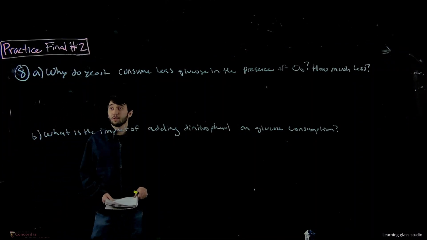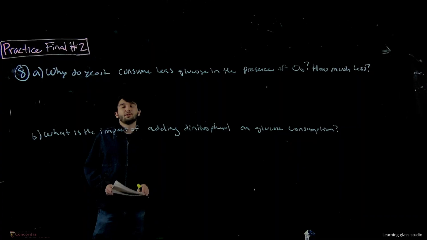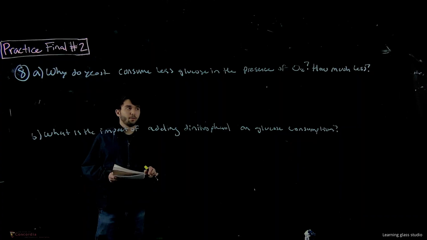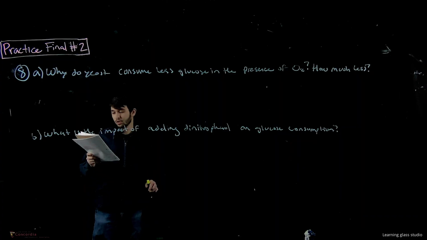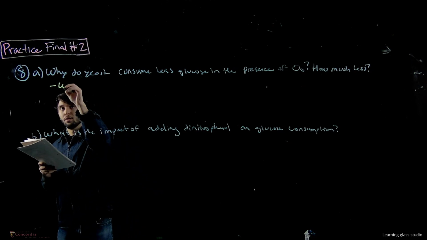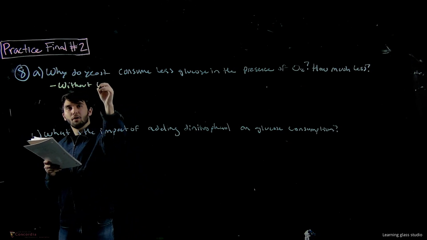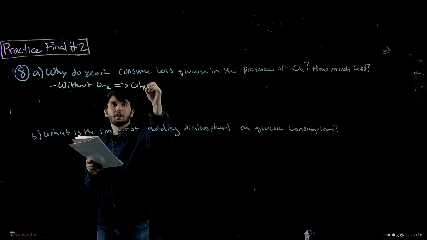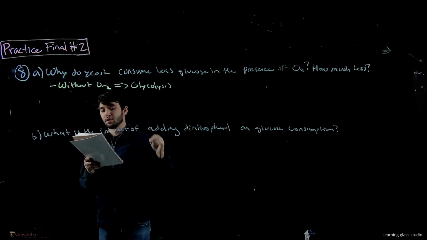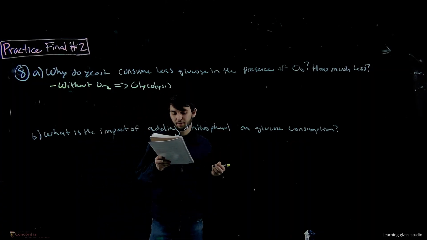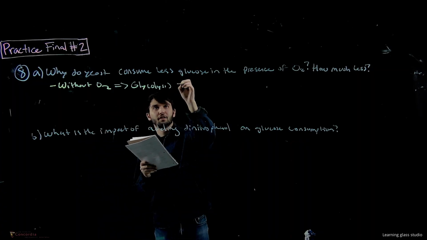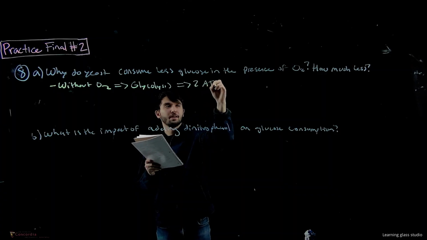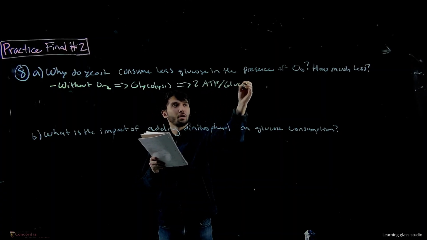Okay. Question 8, almost done. Why do yeast consume less glucose in the presence of O2, and how much? So let's look at this. Without oxygen, we have just glycolysis, right? TCA and the electron transport chain require oxygen to function. Glycolysis, we know, gets us 2 ATP per glucose.